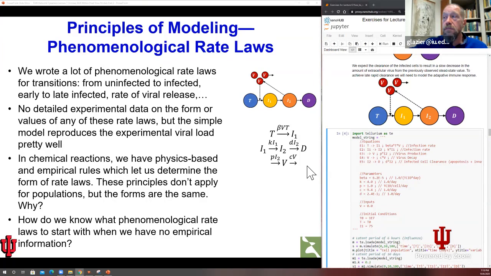Now, there's no obvious reason why those relations should be linear. And when we start talking about the immune system, we'll find that if we use that kind of linear model, it doesn't work. It blows up in very unpleasant ways.